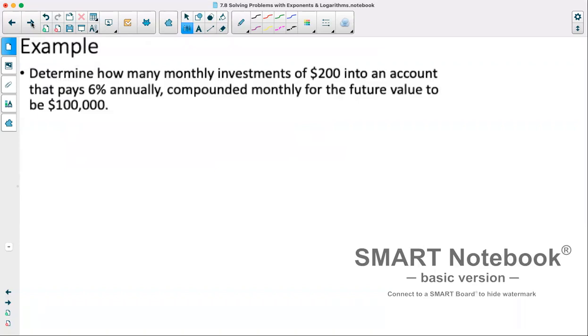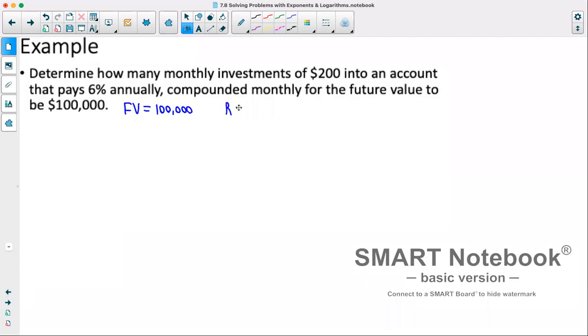So for example, determine how many monthly investments of $200 into an account that pays 6% annually, compounded monthly, for the future value to be 100,000. I would probably start by writing out what information we have. We've got future value is 100,000.